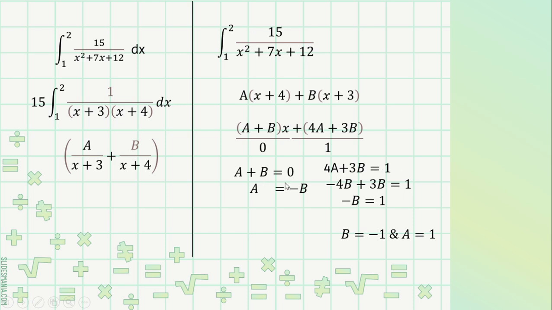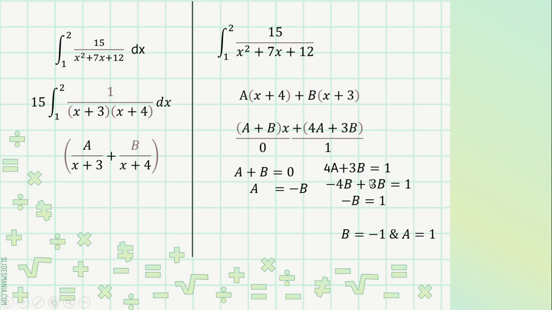In this case, a plus b is equal to 0, and we can eliminate a or b, but I will use b. So a will be the same as minus b. Because a is equal to minus b, we substitute minus b for a, and it will be minus 4b plus 3b equal to 1.